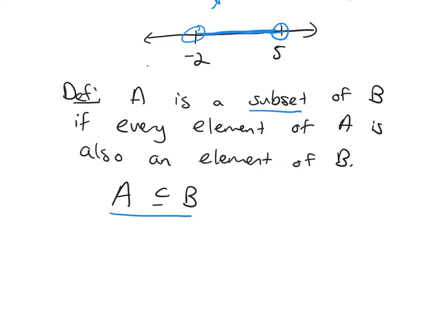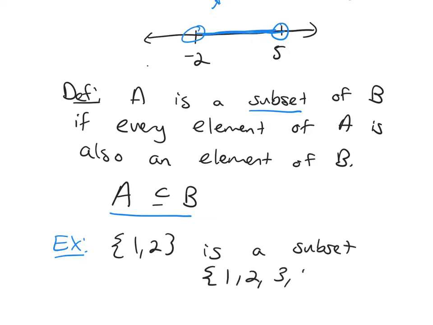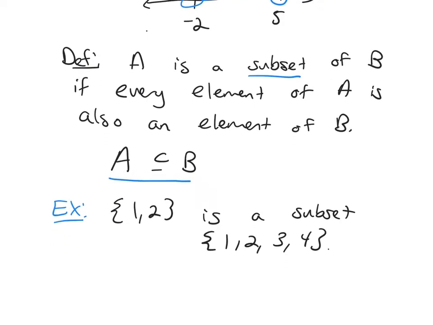So let's look at an example of a subset here. The set 1, 2 is a subset of the set 1, 2, 3, 4. If I check, every element of the first set, so 1, is also an element of the bigger set. 1, and the same thing, 2 is also in the bigger set. So 1, 2 is a subset of 1, 2, 3, 4.